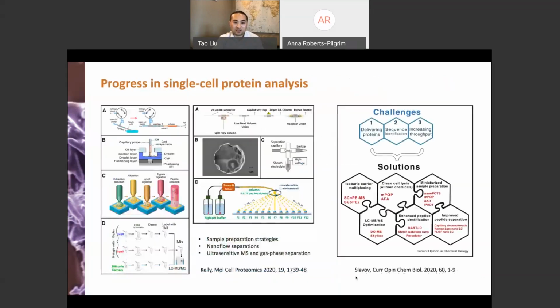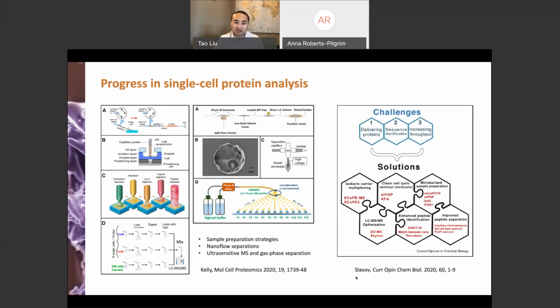There has been a lot of progress recently, just in the past few years, in improving the analysis of single cells or near single cell level detection using mass spectrometry, touching different areas along the way in analysis, including sample preparation, separations needed up front, sensitive mass spec and some other alternative detection methods, as well as data analysis strategies.